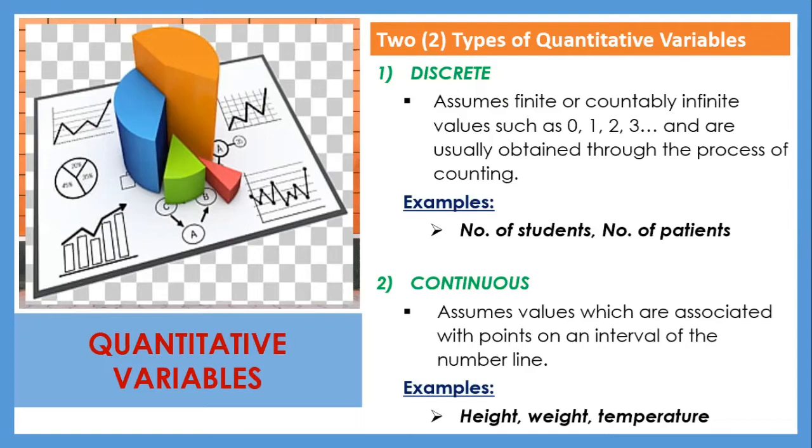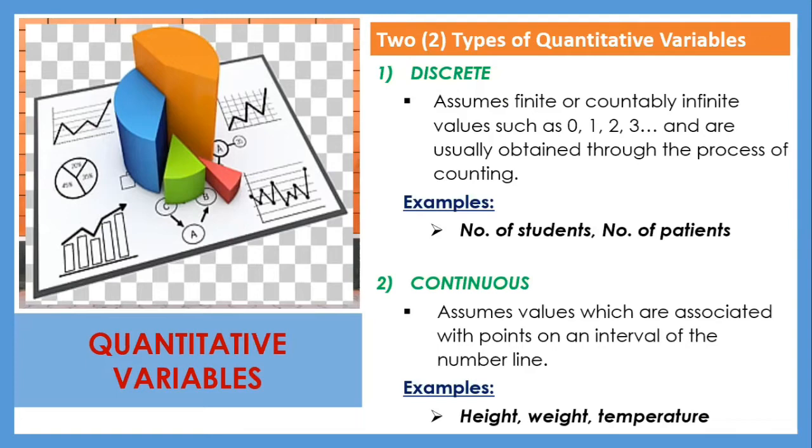For example, number of students, number of patients. So the very thing that we should always remember if we talk about discrete, first, it is countable, and second, it should always be a whole number. Okay, so this should be countable and a whole number.